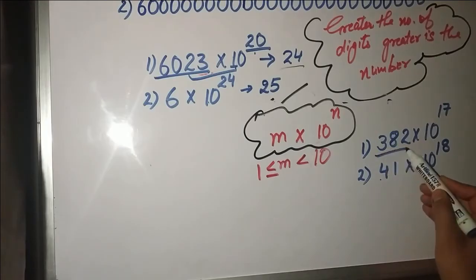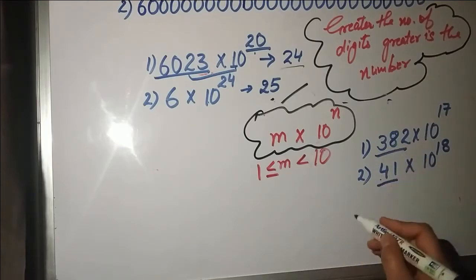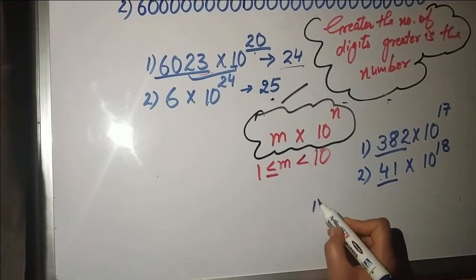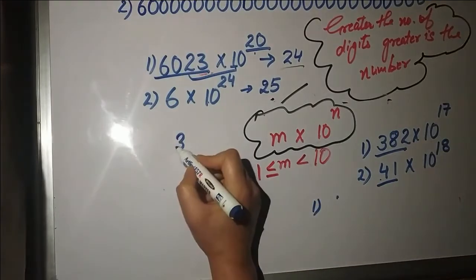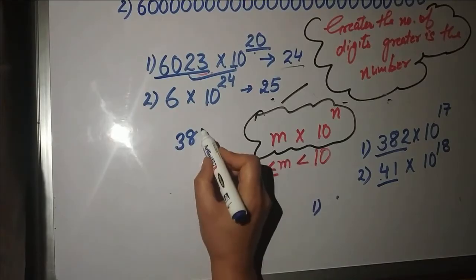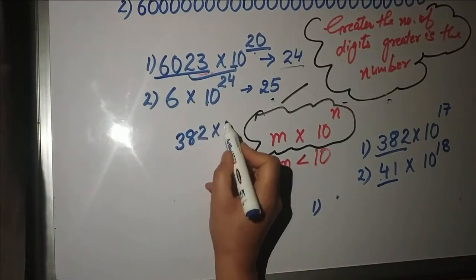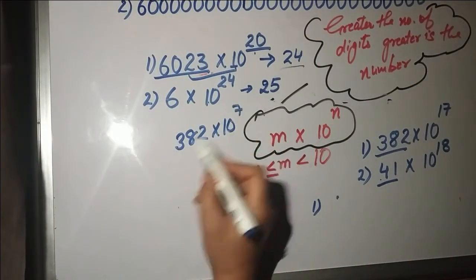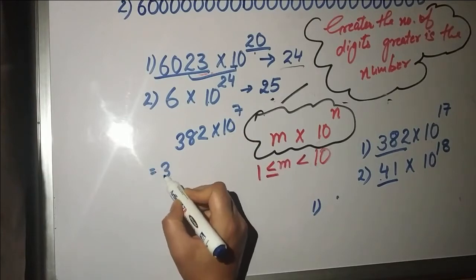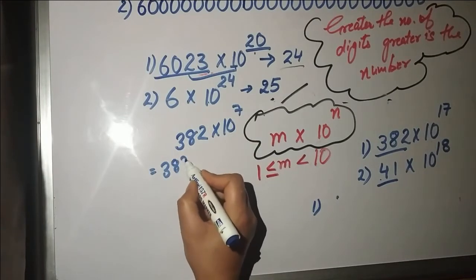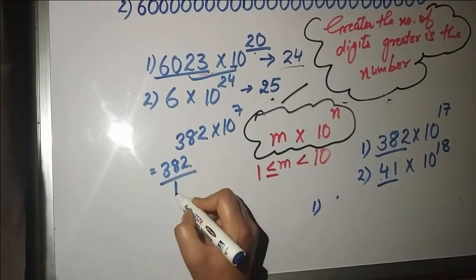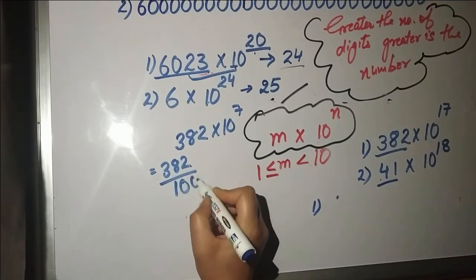Where the whole part is greater, or we can convert them into the other form. Which form? This form. 382 into 10 raised to power 17 is equal to, what am I doing? I'm reducing this 3-digit number into a 1-digit number. For that, I need to divide this by 100.